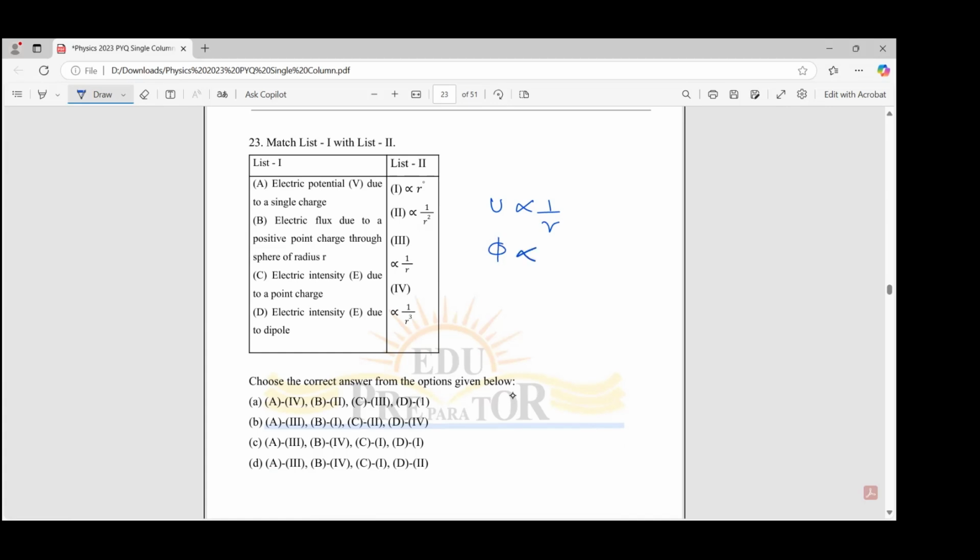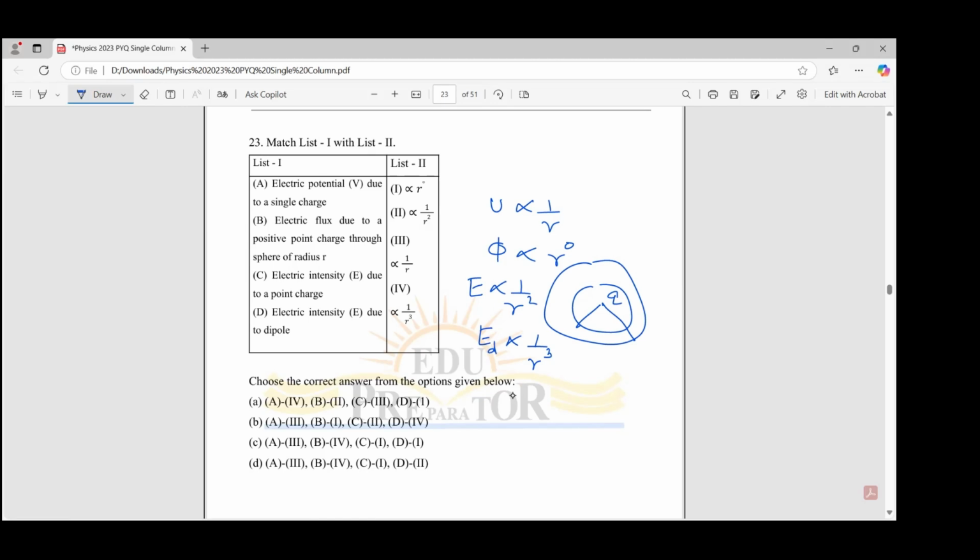Electric flux is independent of the distance. You remember that like in your 12th class we have revised. If we keep on increasing the radius of the sphere, enclosing charge Q only, the flux will remain the same. Then electric intensity due to point charge, again we know that is proportional to 1 by R square, and electric field of dipole is proportional to 1 by R cube. So remember these formulas of your chapter 1 and 2. You can easily relate this topic.